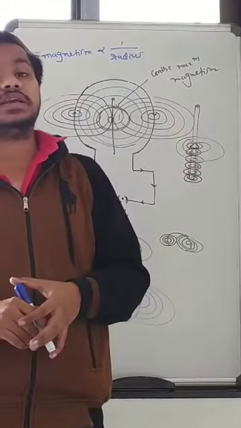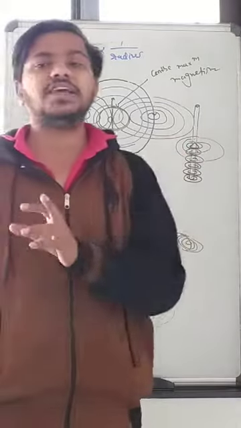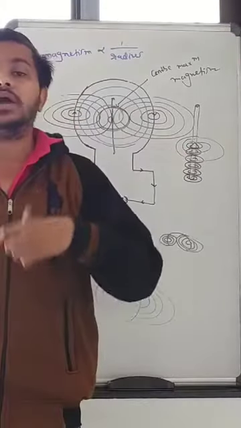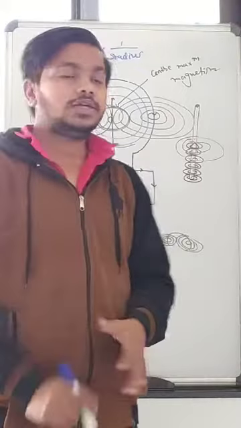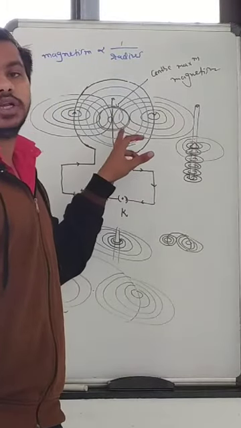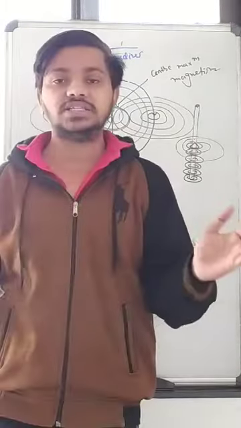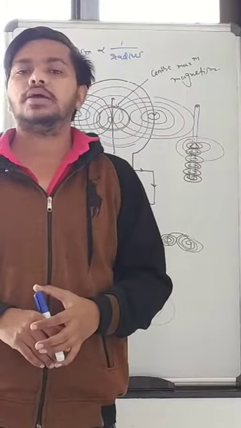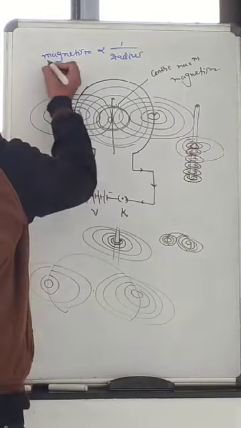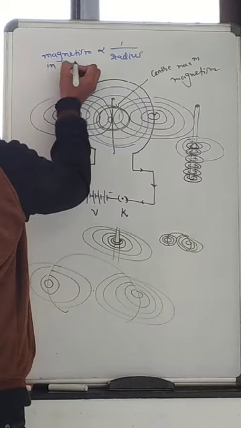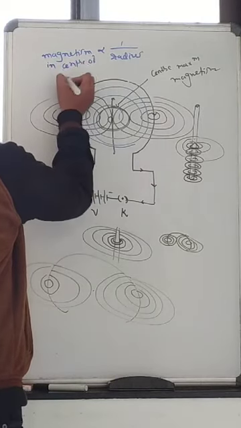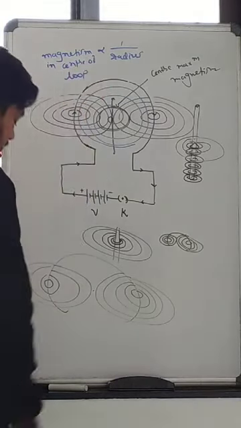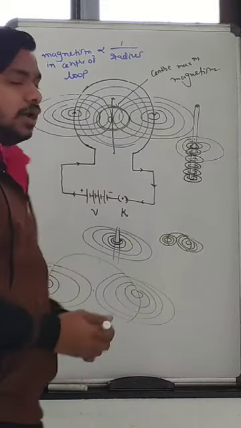So the magnetism increases, and at the center point, the magnetic field line of a loop is a straight one, right? So the maximum magnetism is produced at the center, and as the radius increases, the magnetism at the center decreases. This is the magnetism at the center of a loop, which decreases as the radius increases.